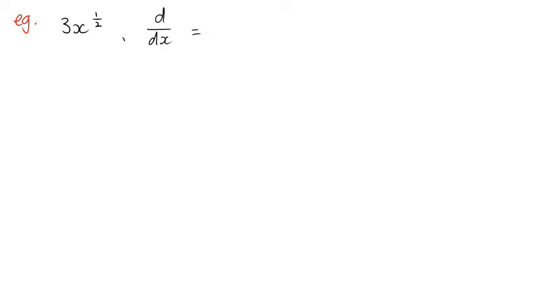So we bring half down and multiply it, what do we get? 3/2, yep. X, and then a half minus 1 is? Negative half. Good. What does negative power mean? Yeah, it goes under 1 over x to the half.